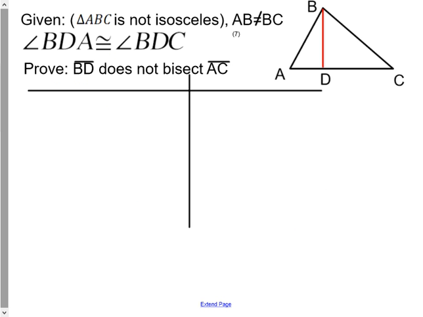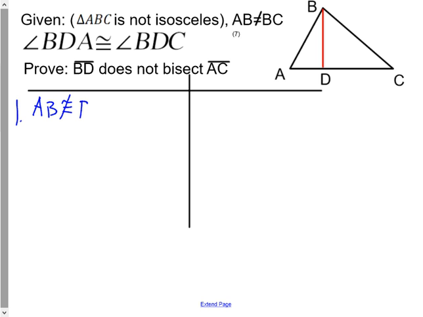Given ABC is not isosceles, but this time we mix it up. They're saying AB not equal to BC, which makes it a little bit shorter, and angle BDA is congruent to BDC. Prove BD does not bisect AC. Again, it's pretty clear that it's by contradiction based on what's given to us. So I'm not going to write the parentheses down.